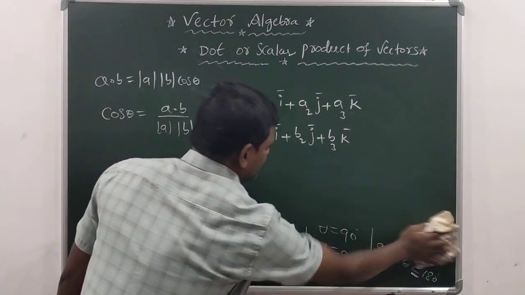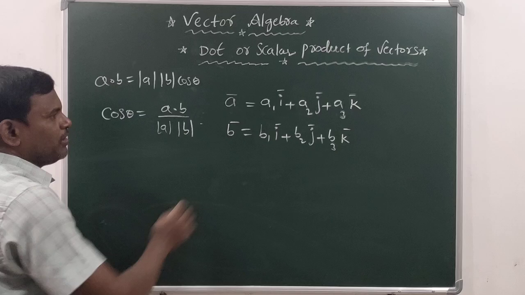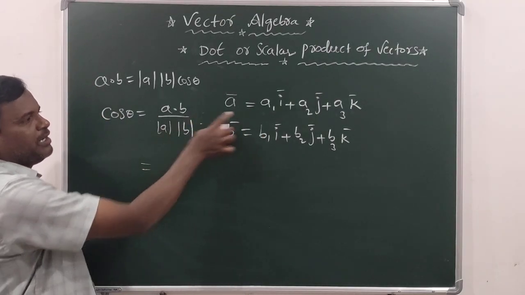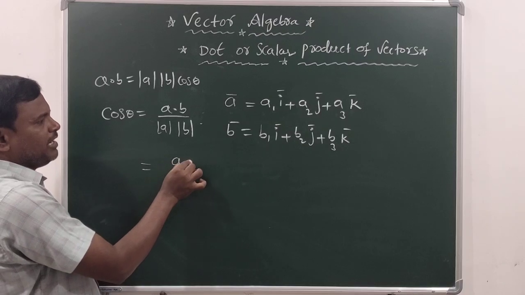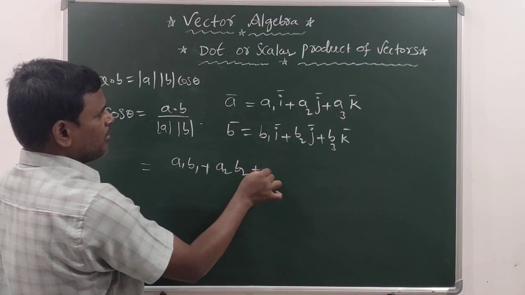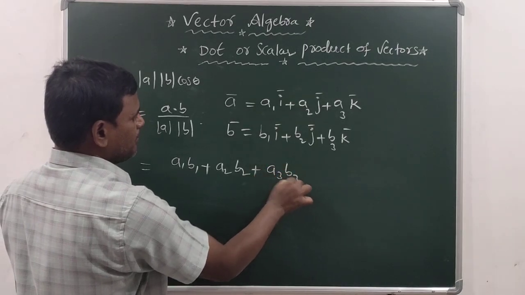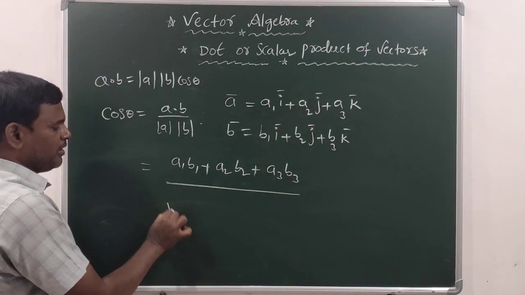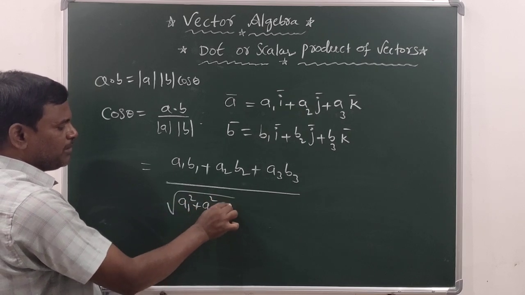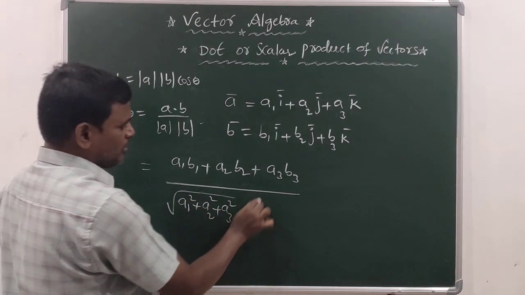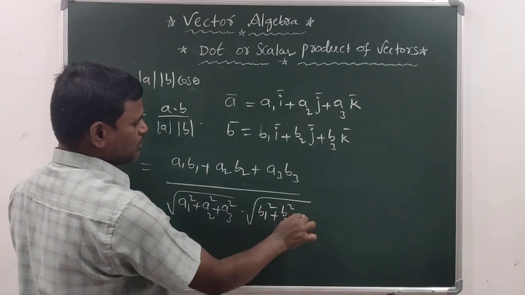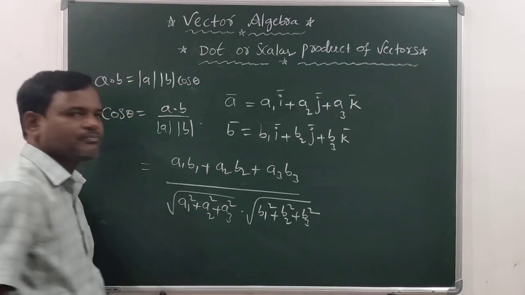See, if A and B two vectors are given like this, then you can write A dot B as A1 B1 plus A2 B2 plus A3 B3, divided by magnitude of A, square root of A1 square plus A2 square plus A3 square, and magnitude of B, square root of B1 square plus B2 square plus B3 square.